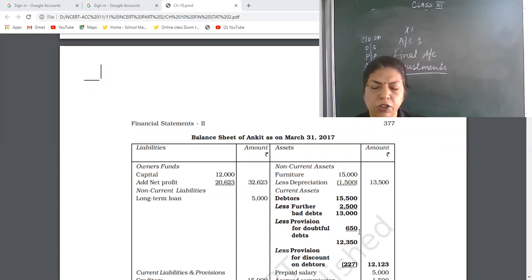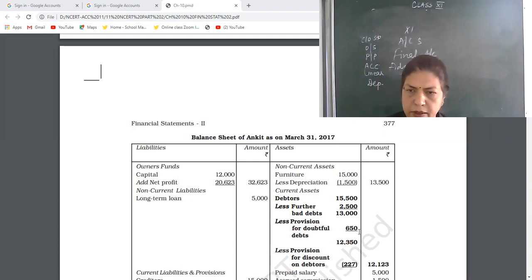First of all, we should minus further bad debts, new bad debts. Then on the amount remaining, we have to prepare provision for doubtful debts. And on the amount remaining after that, we have to create provision for discount on debtors, which we can say PDD, provision for discount on debtors.